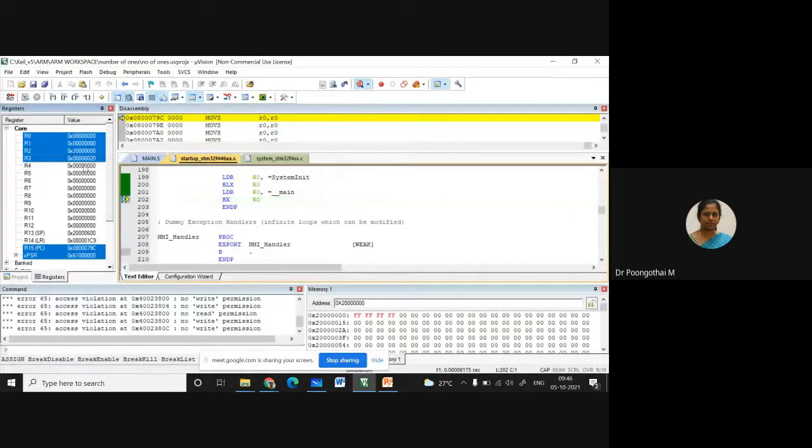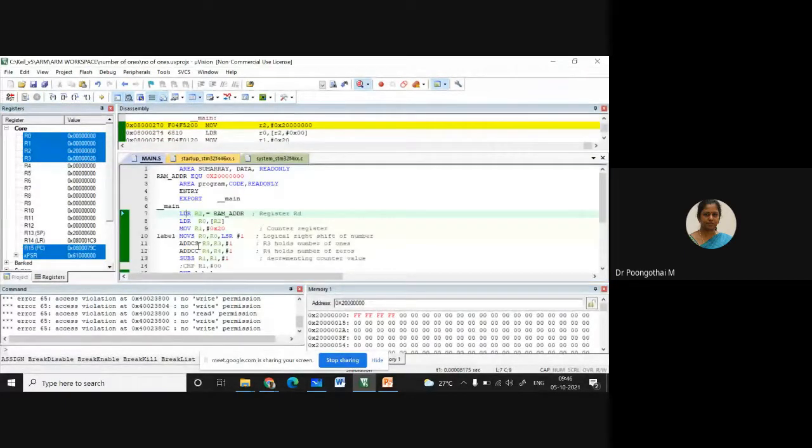Here your R3 holds the result, that is the number of ones, and R4 holds zeros. Look here, your R3 holds 20, whose equivalent decimal value is 32. So that 32 is held by R3 and R4 holds 0.